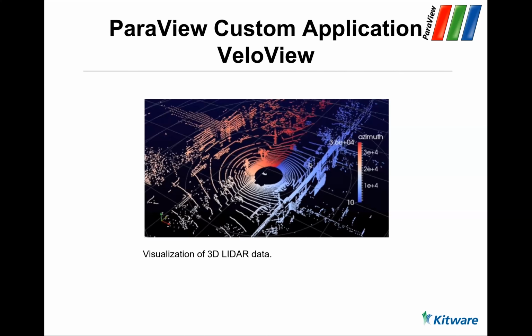And also the UI can be complex. So with the custom application, you simplify the UI and you customize it for a specific domain. So you will have only a specific set of processings for that domain. The interface is going to be a lot simpler, and users will be able to use that without knowing the whole ParaView. So, this is an example application we built, which is focused on processing LiDAR data.